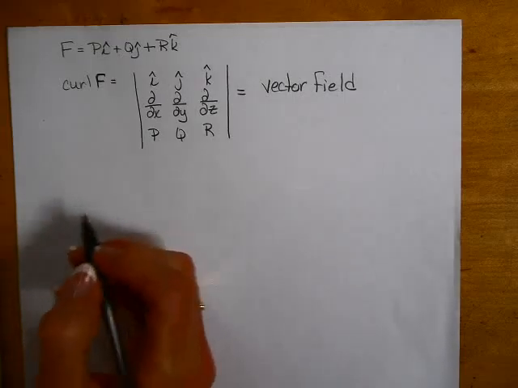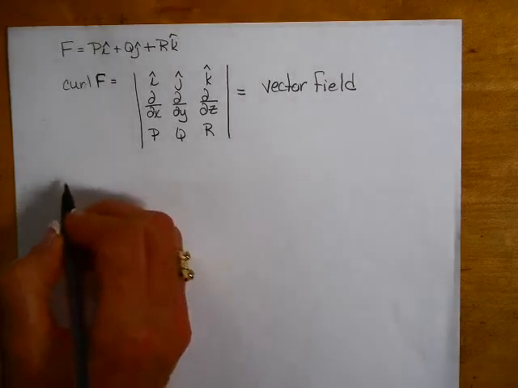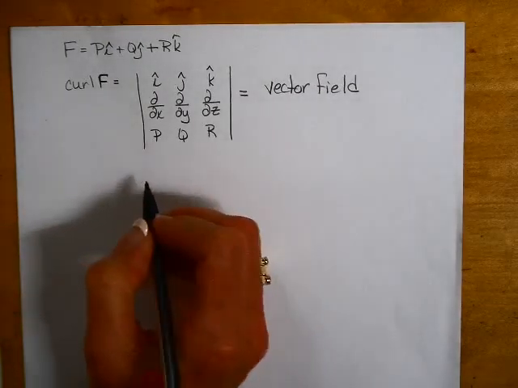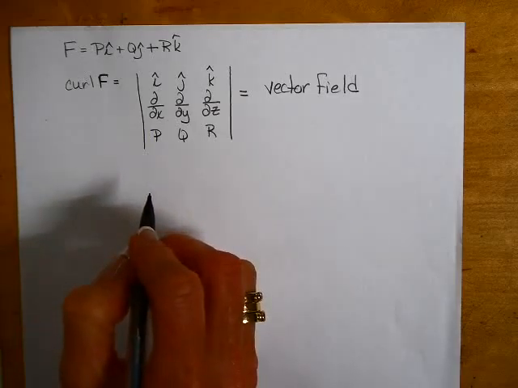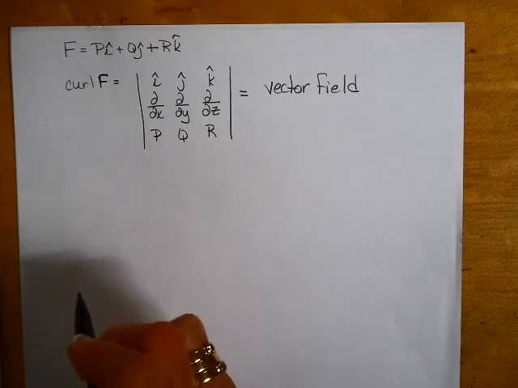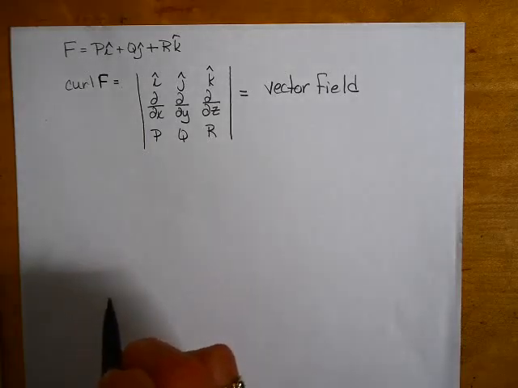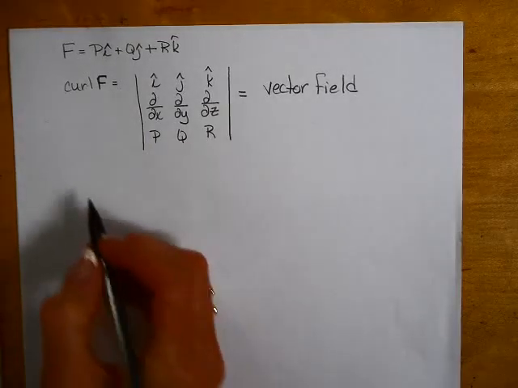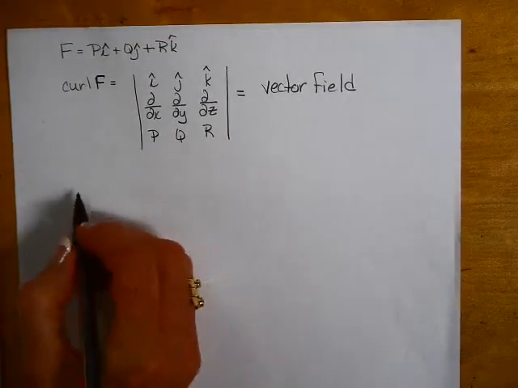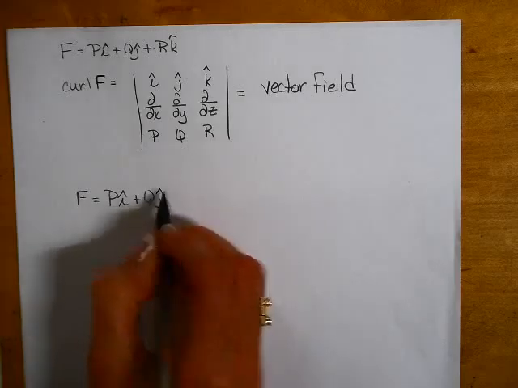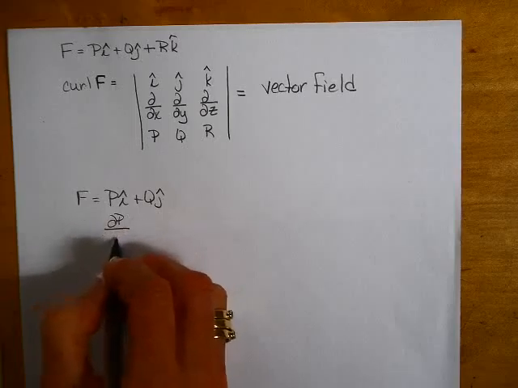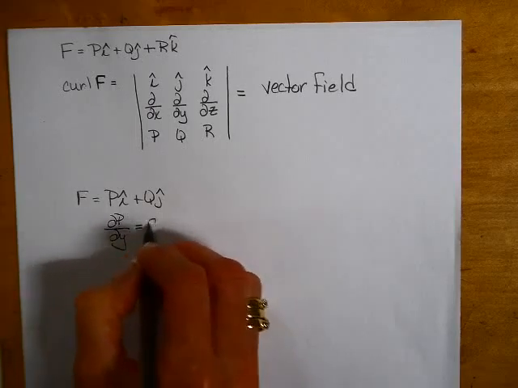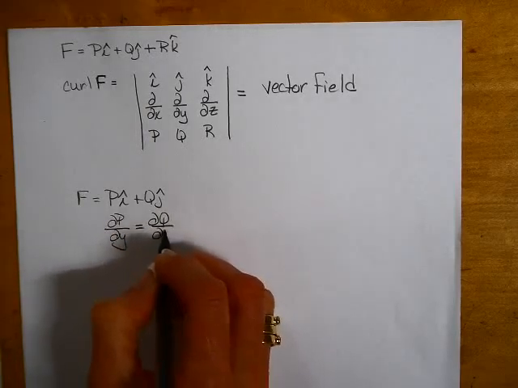And we're going to use this as a way to tell whether a vector field is conservative. If it's two-dimensional, to tell if it was conservative, you just compare your partials. Like if you had a vector field that was just P i and Q j, you'd take the partial of P with respect to y and see if it's equal to the partial of Q with respect to x.